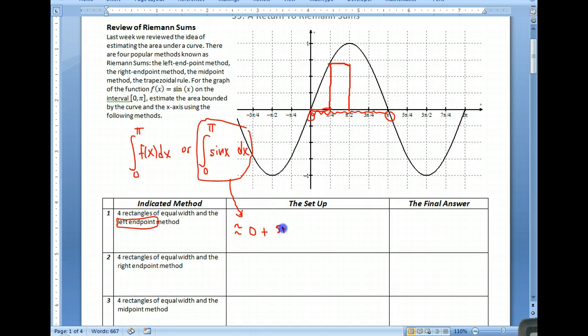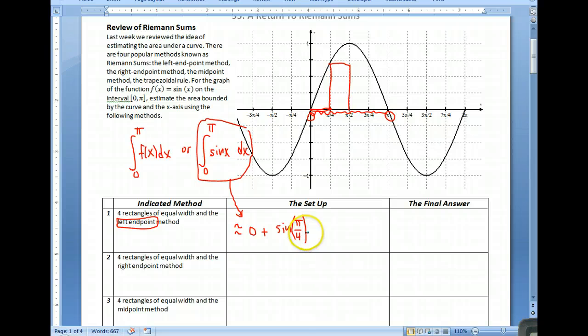Sine of pi over 4. Can't you just do 2 rectangles and multiply by 2? You could, because this is symmetric. Well, actually, let's just do it this way and then try your method after, okay?